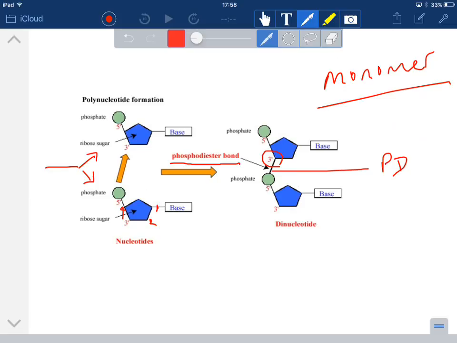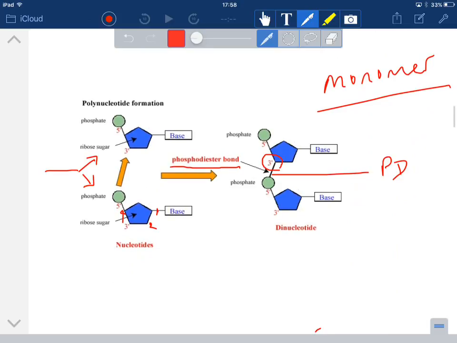Easy. If we were going to extend this, because the 3rd carbon bonds to the phosphate group of another nucleotide, we would come down here to add a nucleotide and form a phosphodiester bond, and it would be as easy as that. A phosphodiester bond between the phosphate group adding on to the 3rd carbon.